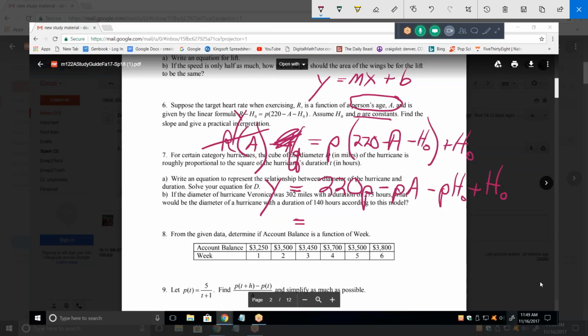So let's rewrite this equation in this format. Right now it's not in that format. We've got a number in front. We've got our variable as the second term, and we've got these two numbers way over here. Let's write it in y equals mx plus b format. Y equals what?